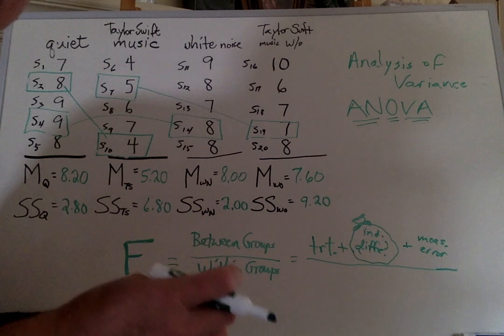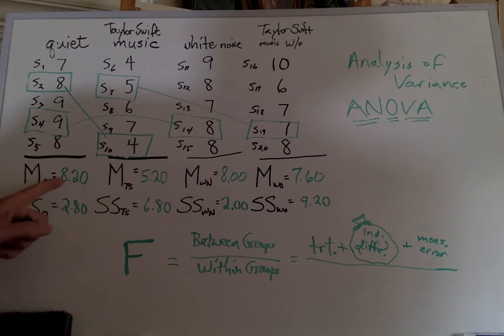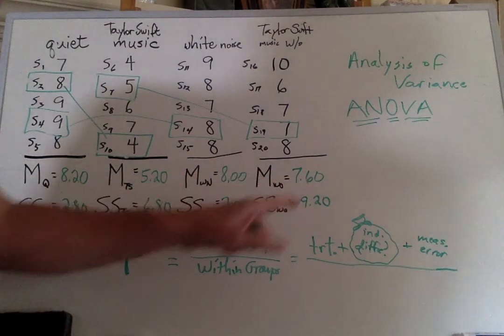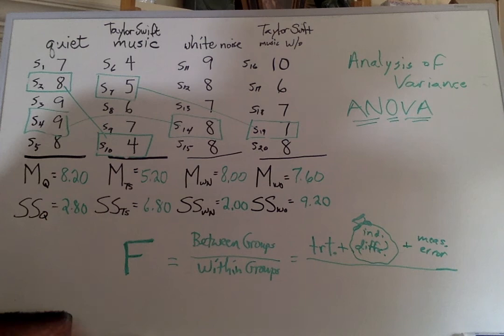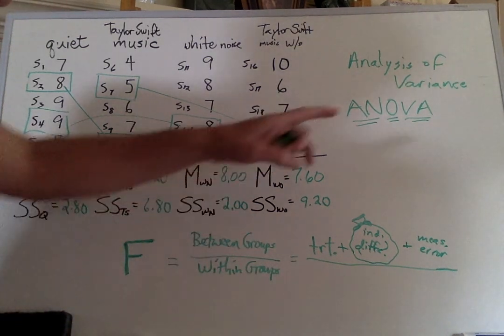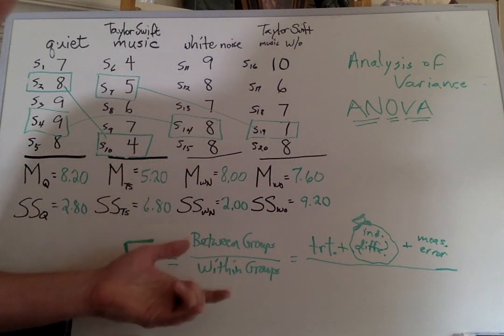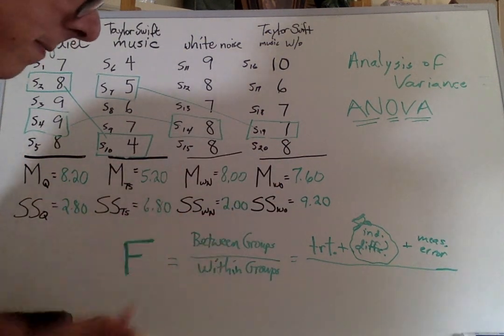Well, our goal when we do this statistic is to try to see if there's a difference between the groups. Unfortunately, whatever between group variability, because variability is difference as well, it's just lots of differences, right?